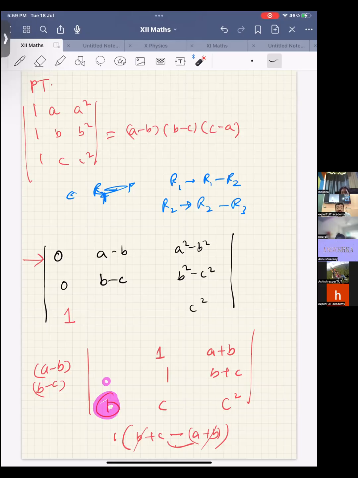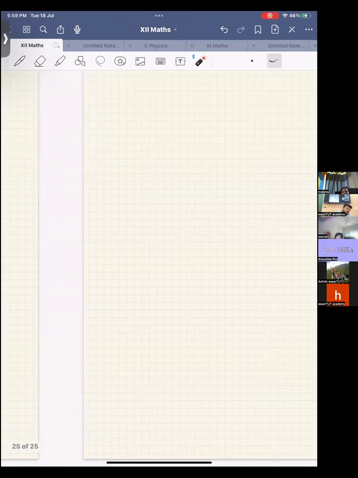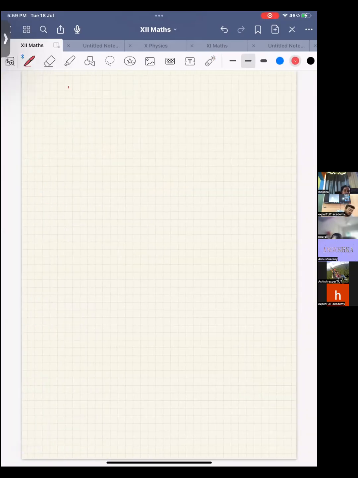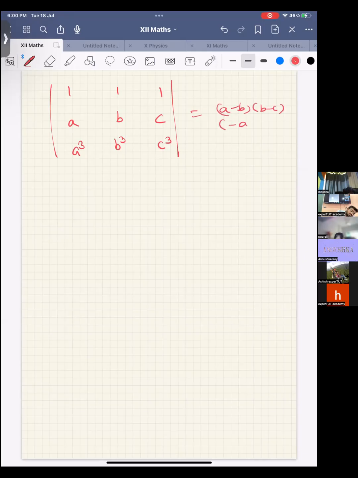Yeah, go on, others, prove this. The determinant with rows 1 1 1, a b c, and a cube b cube c cube is equal to a minus b, b minus c, c minus a, and a plus b plus c.